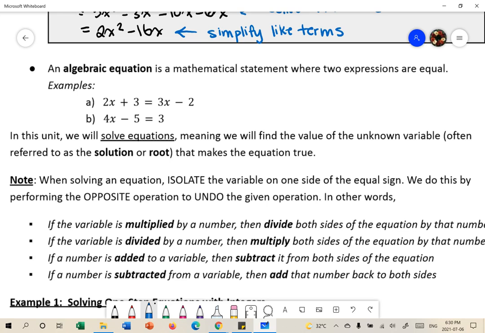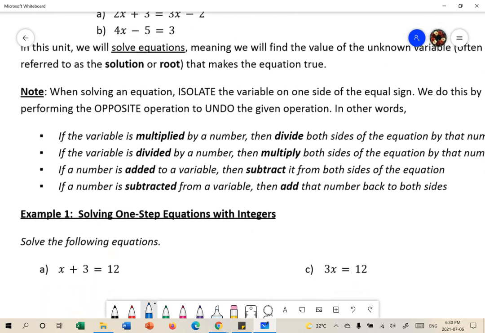So when we have a variable in equations, we must solve for its value. When you see a question asking you to solve or find its root or find the solution, we're trying to find the value of the unknown variable in the equation. To do so, you need to isolate your variable so that it's alone on one side.